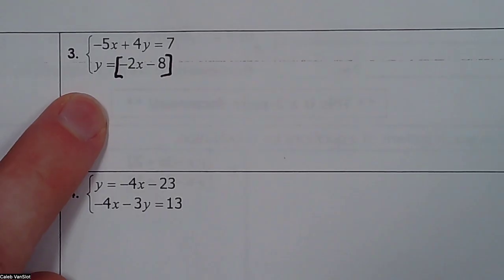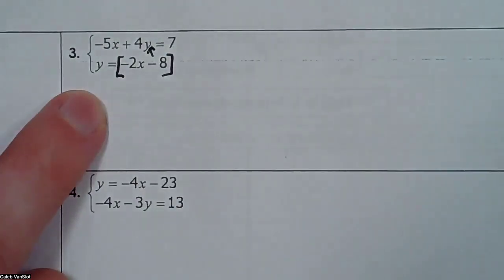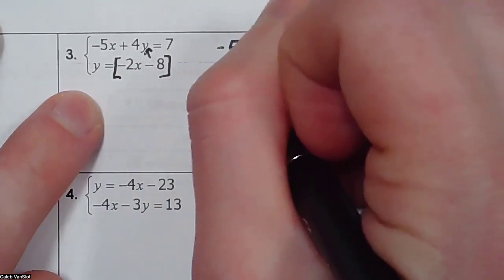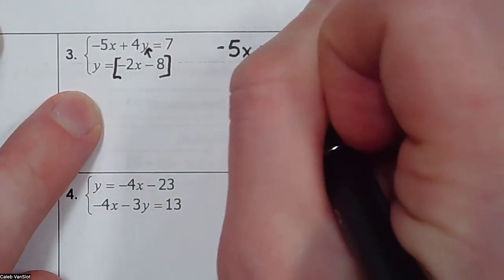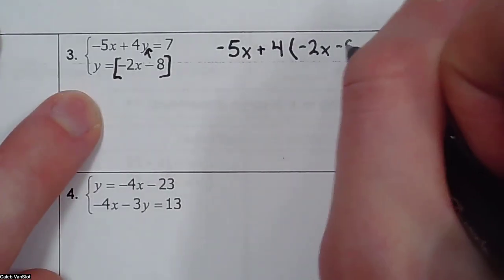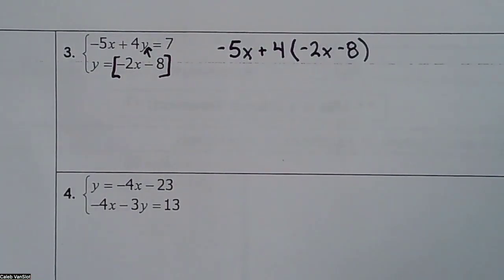I'm plugging it in for y, okay? So I need to plug that in right there. How does that look? Let's see. We've got -5x plus 4. My y is an entire -2x minus 8.